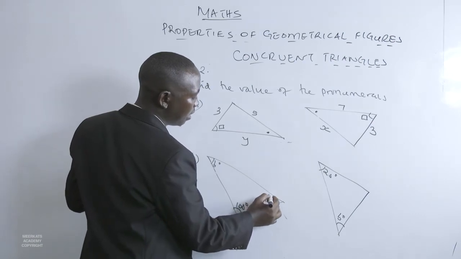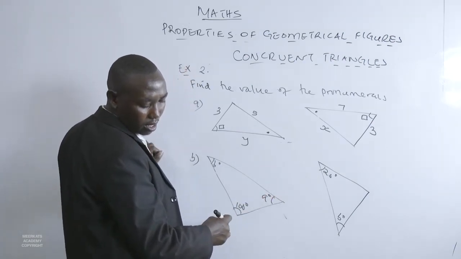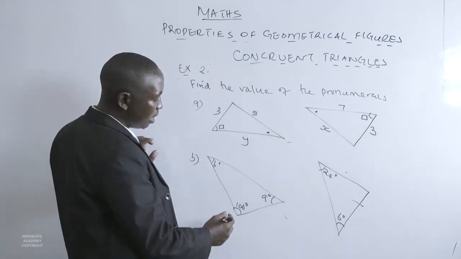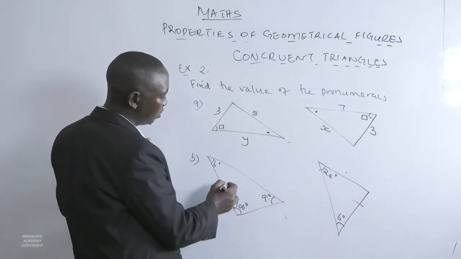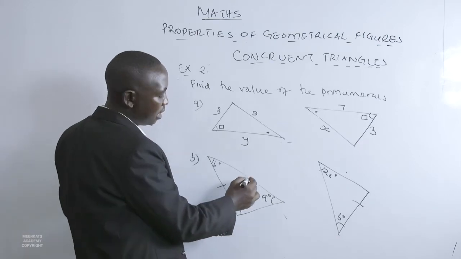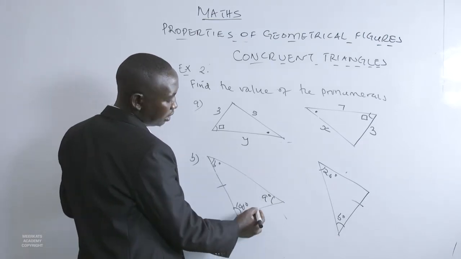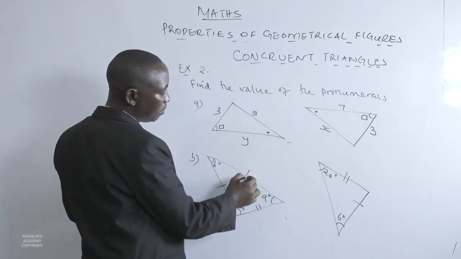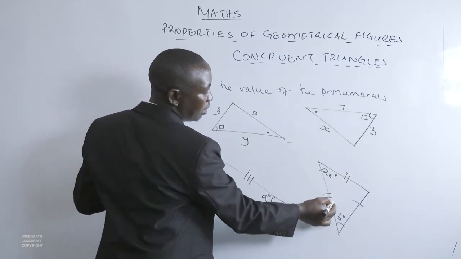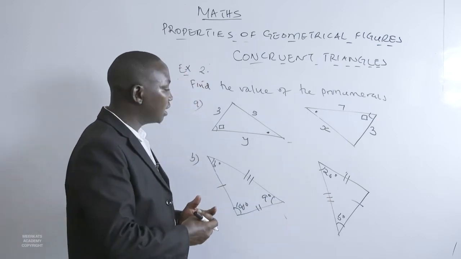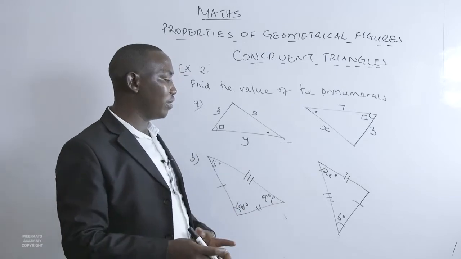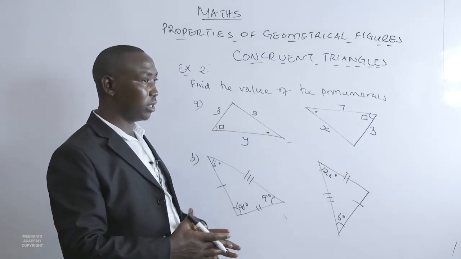This is a degrees. We are also told that this side is equivalent to this side, and that this side is equivalent to this side, and that this side is equivalent to that side. So we want to solve the values of the pronumerals in these two questions.